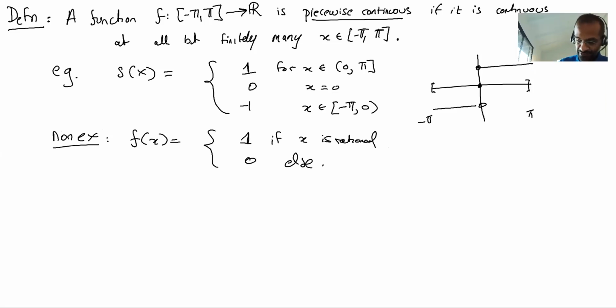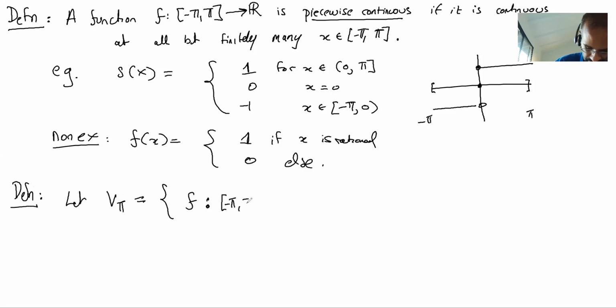Okay, so we've defined piecewise continuous functions, and now we're going to define an inner product space. So, definition: let V sub pi be the vector space of piecewise continuous functions on this interval, and bounded. Bounded means does not go to infinity.